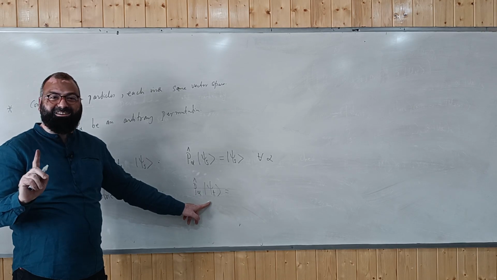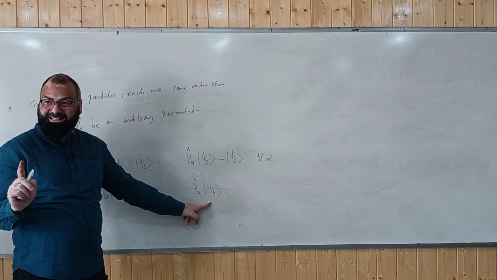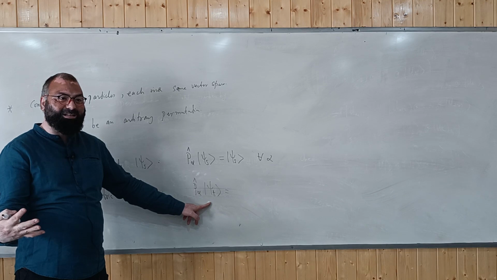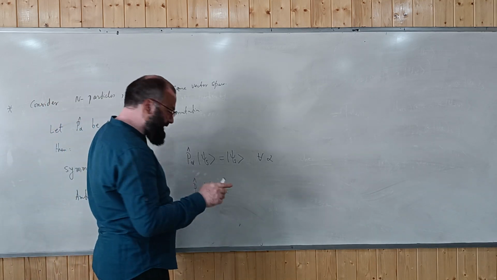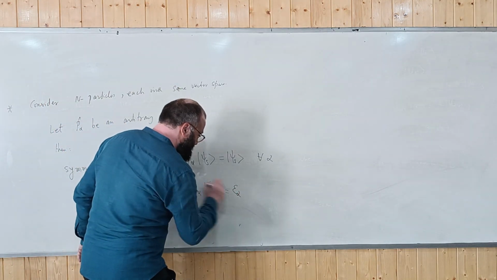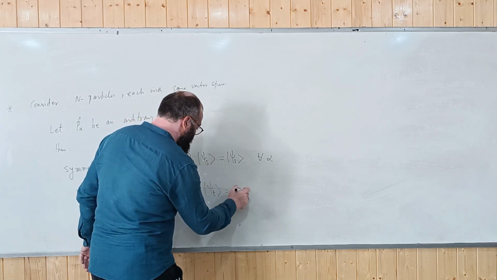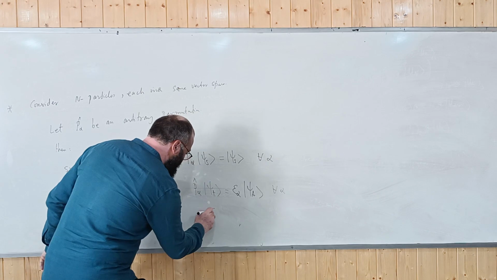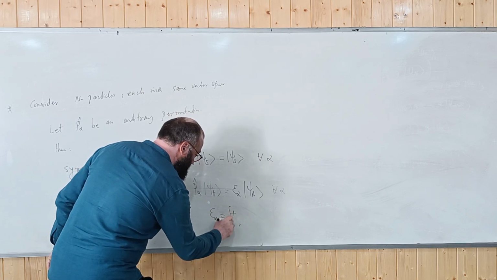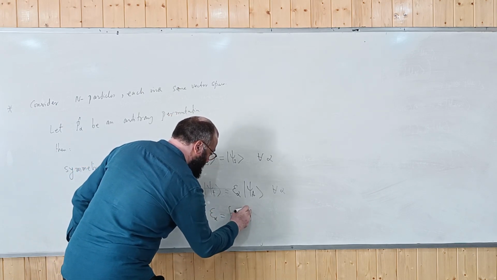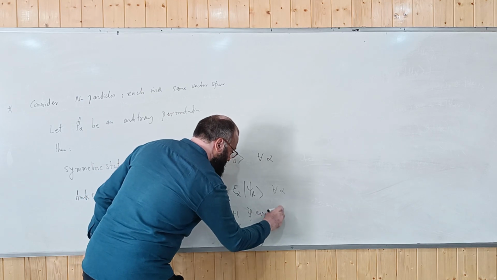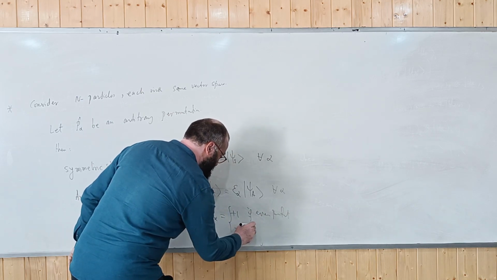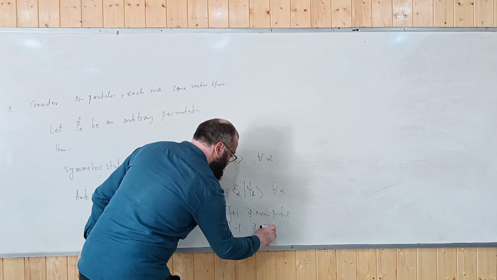So if you have odd permutations, you will get a minus sign, and if you have an even permutation, you will get a positive sign. So let me introduce here epsilon alpha times psi a for all alpha, and this epsilon alpha is +1 if even permutation, -1 if odd permutation.